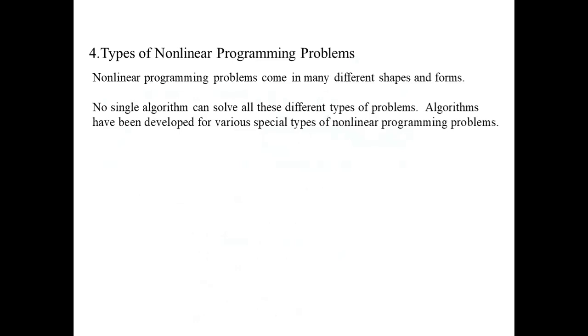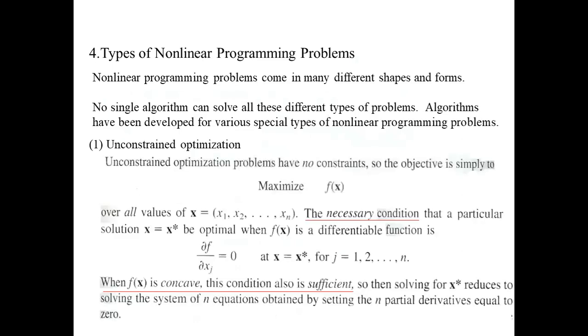So types of nonlinear programming problems. Nonlinear programming problems can come in many different shapes and forms, and no single algorithm can solve all these types of problems. So unconstrained problems, the necessary condition is the gradient of the function at that point needs to be 0. When f of x is concave, the condition is also sufficient, whether it's convex or concave.